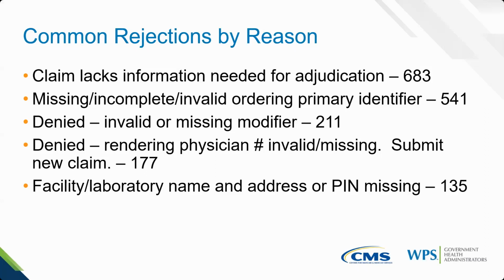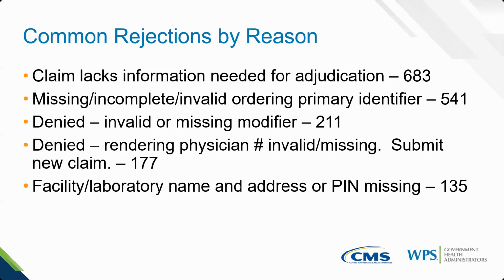Those numbers you see out to the right side represent the number of rejections for that time period, for that data that I pulled. So then the next most common rejection reason for your specialty, if you're a specialty 16 provider, gynecology and obstetrics, is missing, incomplete, or invalid ordering primary identifier.